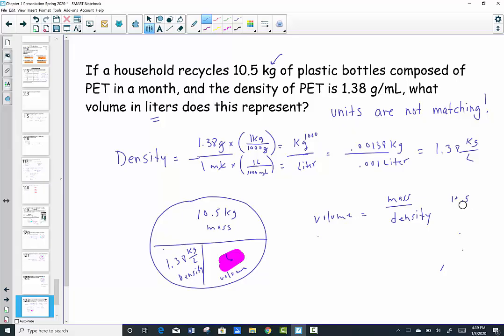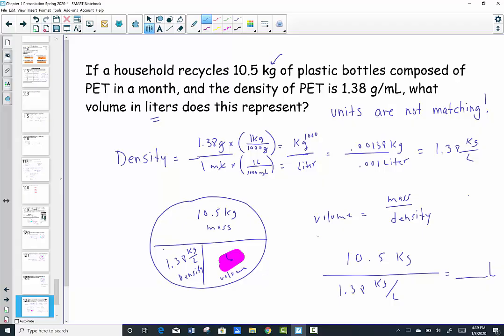We're going to divide 10.5 kilograms set over 1.38 kilograms per liter, and our answer will be in the liter unit. 10.5 divided by 1.38 is 7.6.